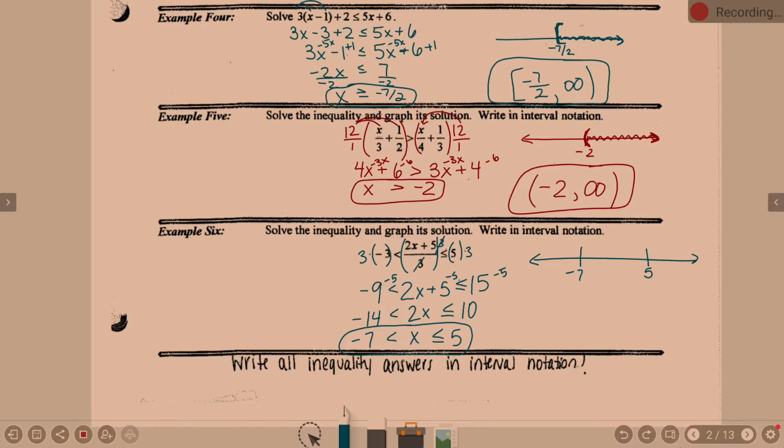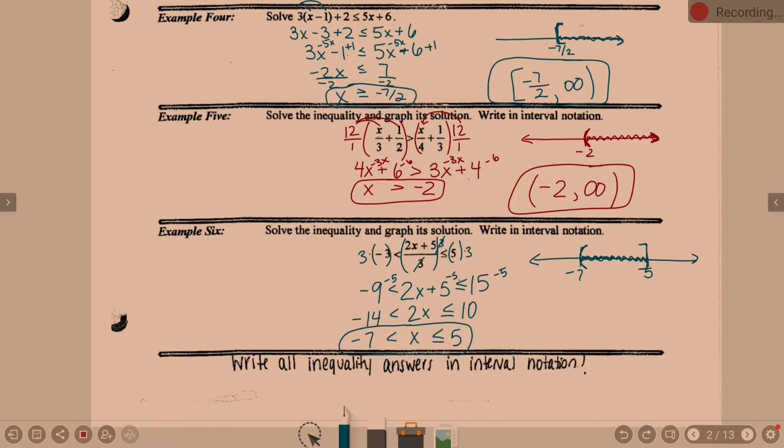If you reverse this left part, it's x greater than negative 7. So thus, why I was told parentheses and you're shading to the right. The other piece is x less than or equal to 5, so that is a bracket, and that is shaded to the left. With a compound inequality that's an and statement like this, you're looking for where the shading overlaps. And the shading overlaps in between negative 7 and 5.